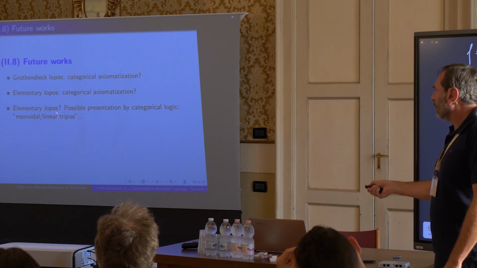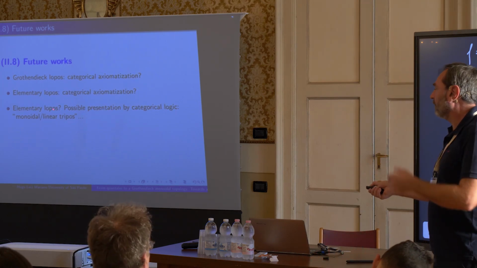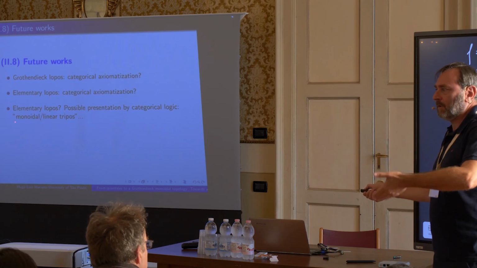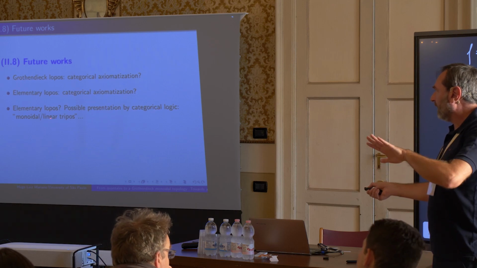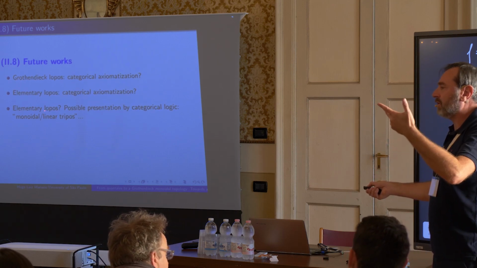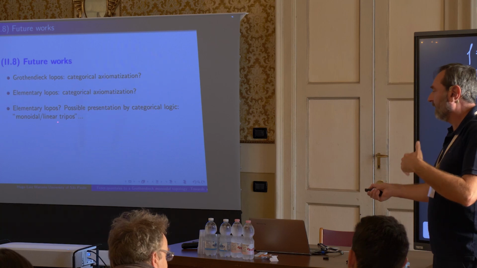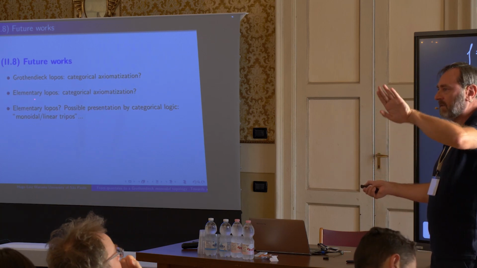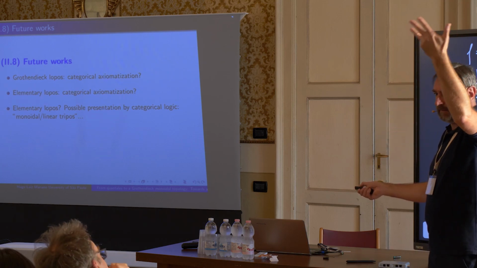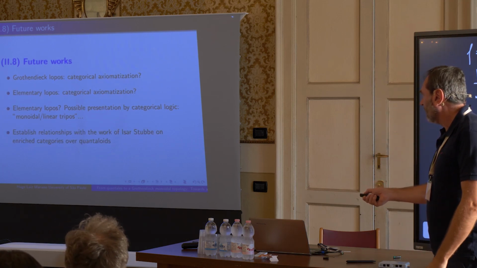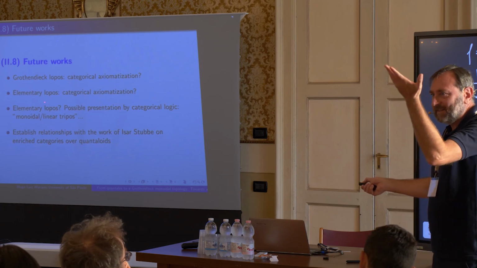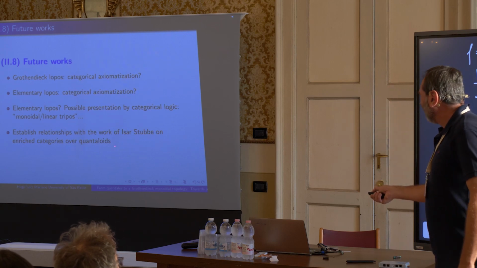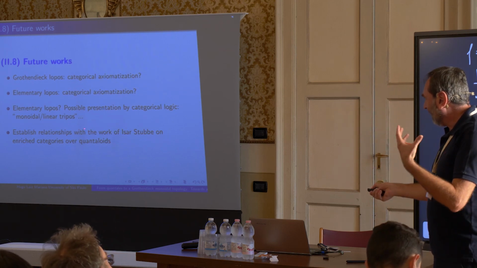It tries to produce some presentation, some idea of what should be an elementary lopus from the categorical logic side, providing some generalization of the notion of tripos in this monoidal or linear setting, and provides this tripos-to-topos construction in this new scenario.